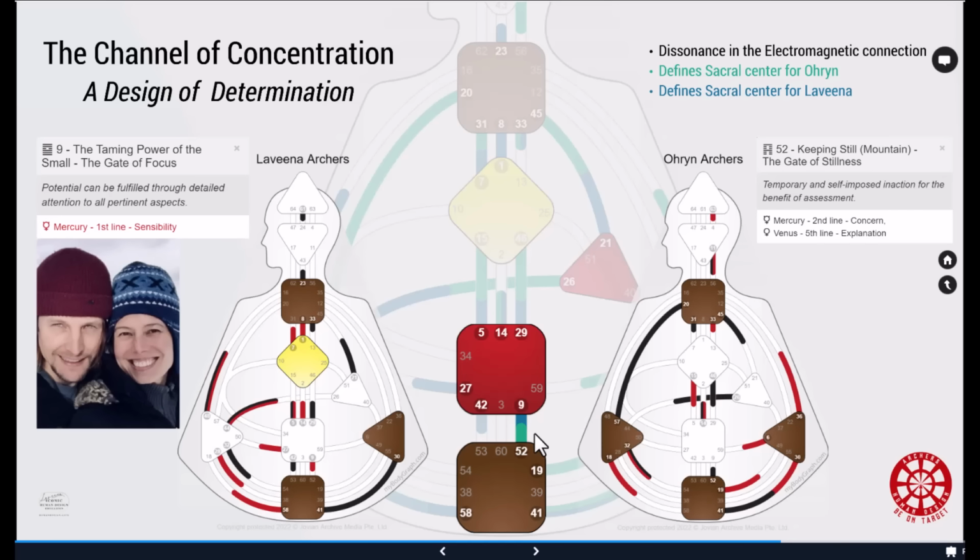There is a dissonance in this electromagnetic connection, meaning it might not work optimally all the time, but it's definitely a big part of your relationship, because this is what Oren values about you, is helping him find a focus for his concentration. What this electromagnetic dynamic does is define the energy resource for you, Oren, as well as Lavina. So it gives you more energy to be determined and concentrated to move forward in the world, to evolve in a logical way.